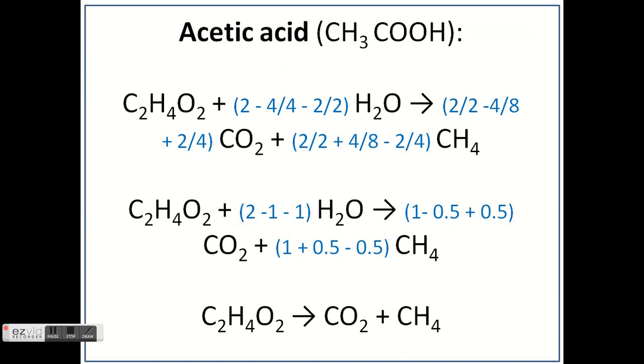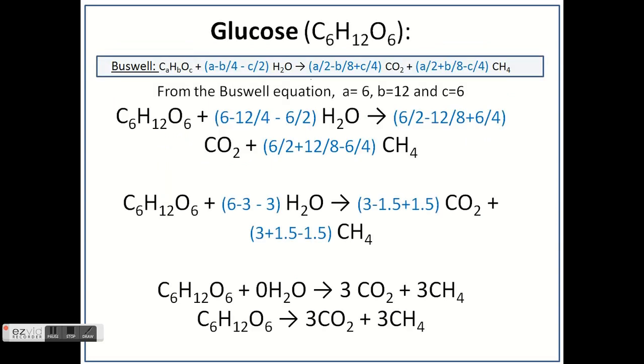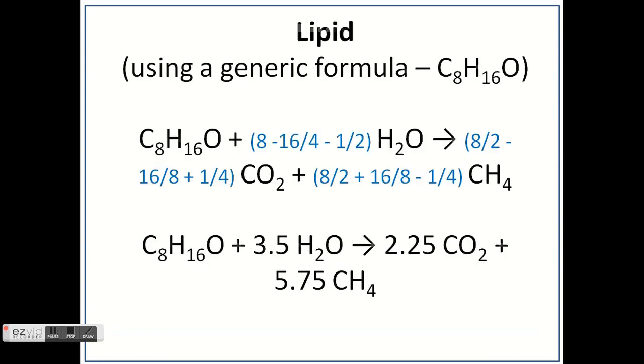Acetic acid, the mass of oxygen is more than the mass of carbon. Glucose, the same. So we have a high quantity of oxygen in all the other substrates, but in lipid, oxygen is very little. It's just a tiny fraction of the mass.